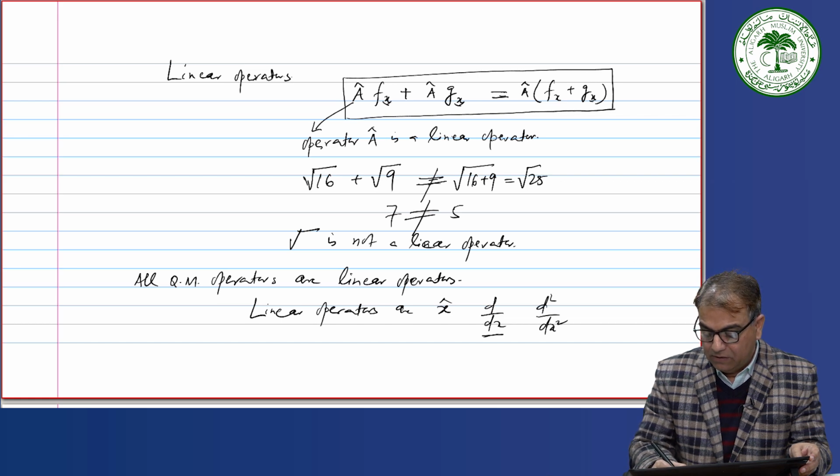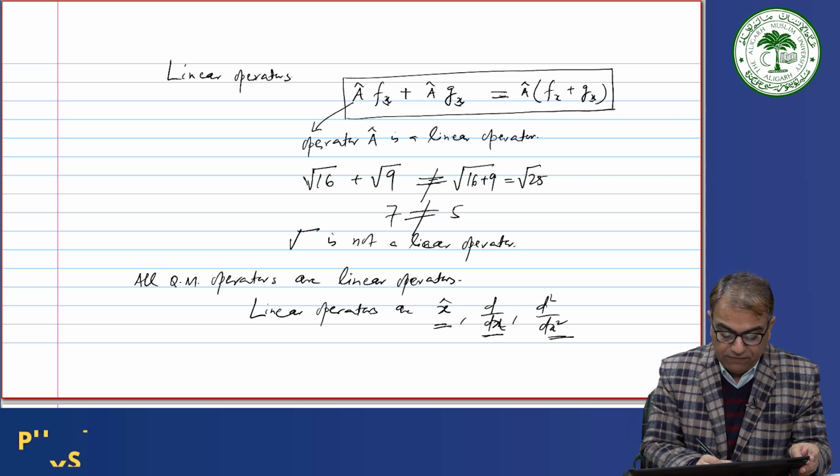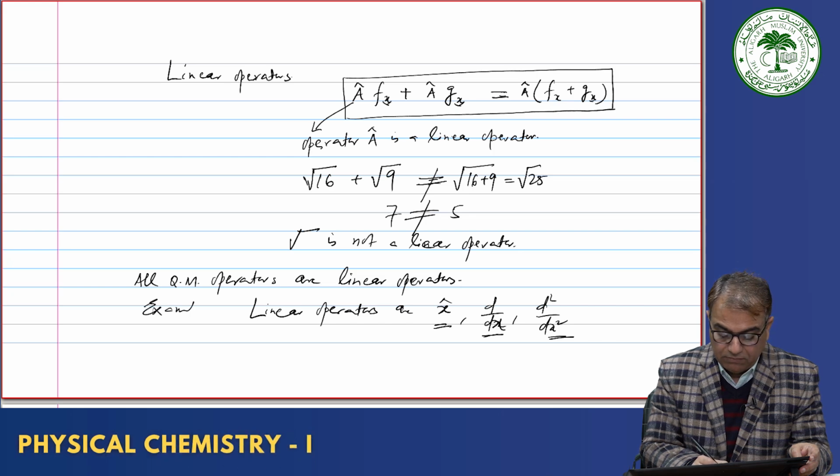You get d/dx in the momentum operator, d squared by dx squared in the kinetic energy operator, and x is the position operator. So all these are examples of linear operators.